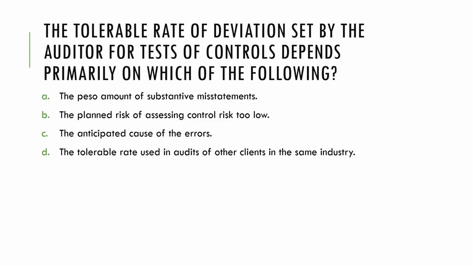If you assess control risk too low, that means you relied on the controls when in fact they were not reliable. So this now represents our acceptable risk of over reliance. So the tolerable rate of deviation is of course affected by our ARO, or the acceptable risk of over reliance. The anticipated cause of the errors would contribute to the auditor's determination of the expected deviation rate rather than the tolerable rate of deviation.